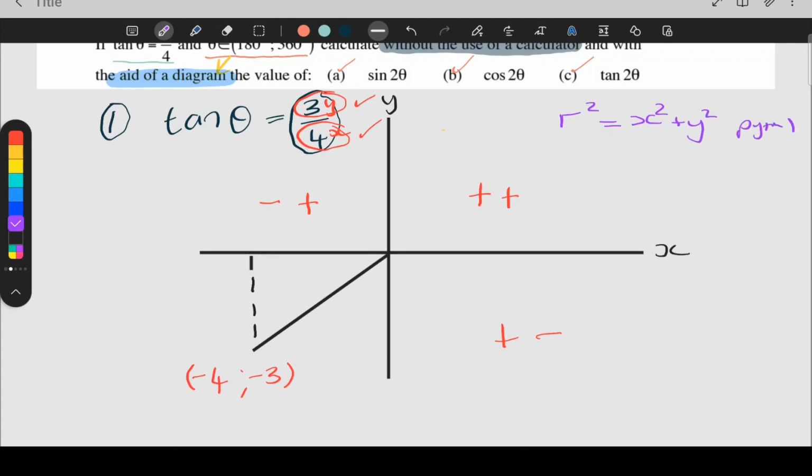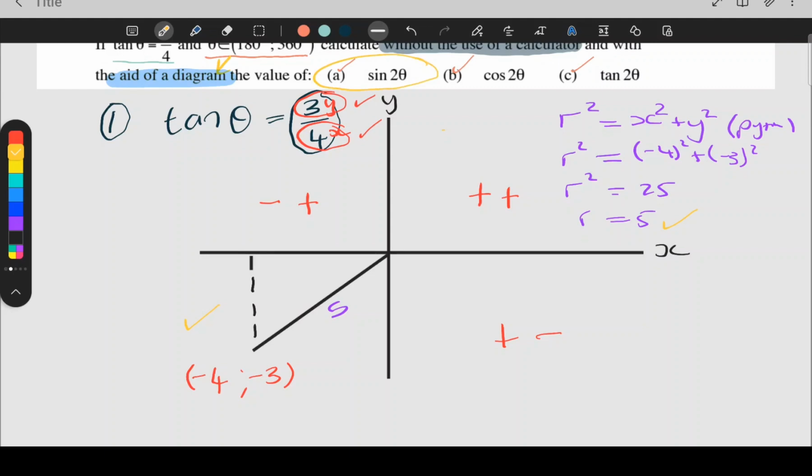So R squared is, X is negative 4, my Y is negative 3, and this will give me 25. So R is 5. Let's answer the question. So grade 12, so far, you have a mark for choosing the correct quadrant and you have a mark for working out R. So now we're going to start with the questions.